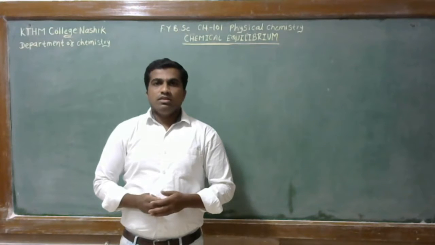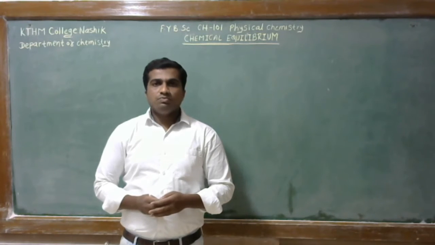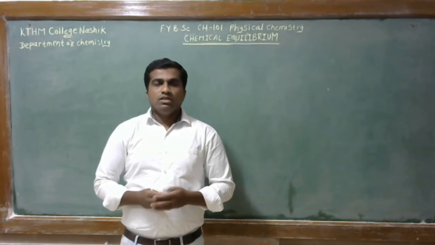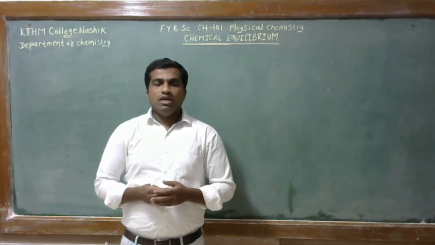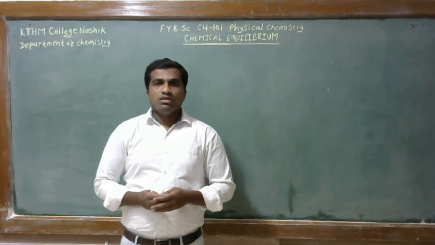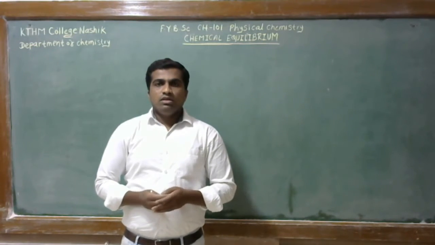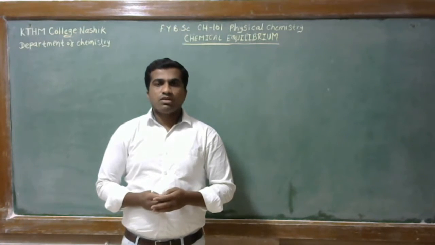Friends, in the last lecture, we have seen the problem based on Gibbs free energy. Then we have seen chemical equilibrium with example. Then we have covered the last point, that is the law of mass action.